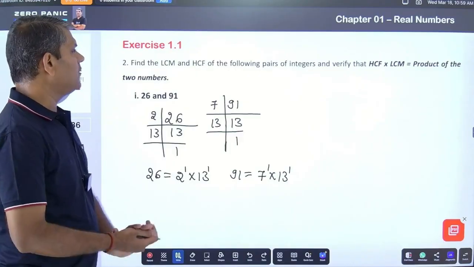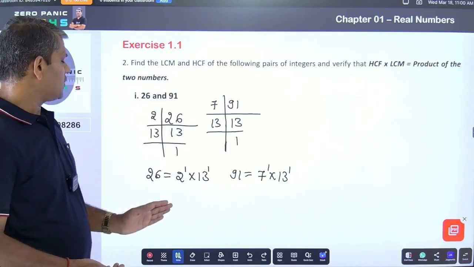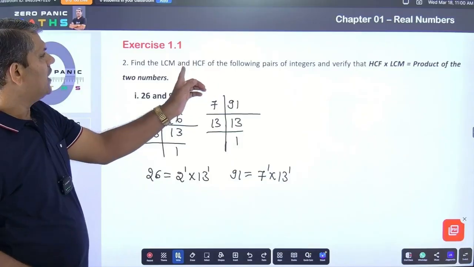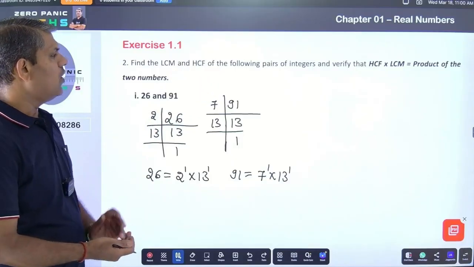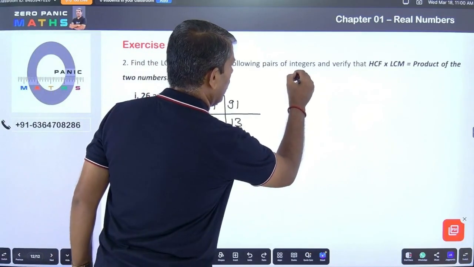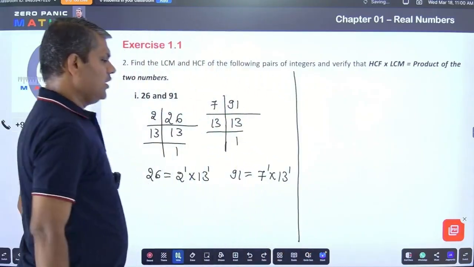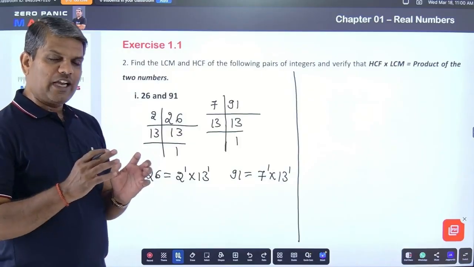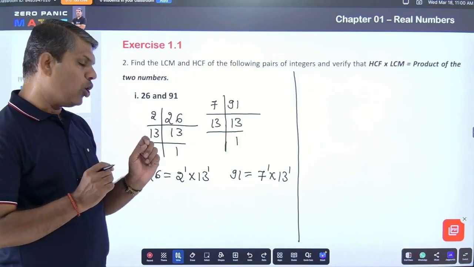Okay, now after finding the prime factors of 26 and 91, we are going to find the HCF and LCM. Now, as you know, what is HCF? Using the prime factorization, HCF is taking the common factors with lowest powers.